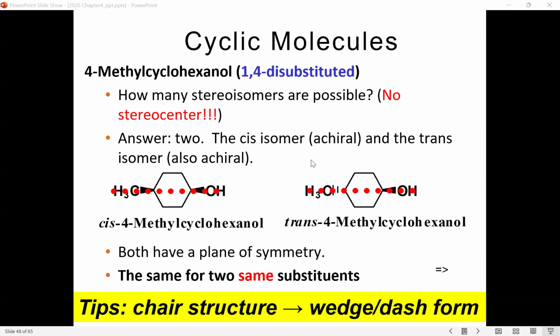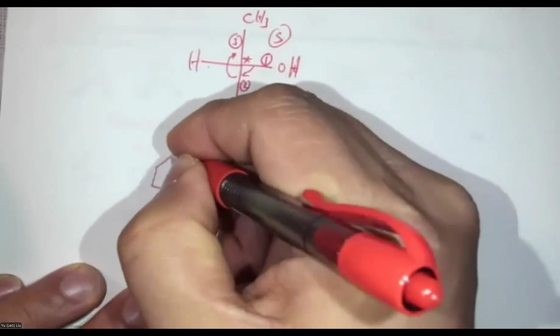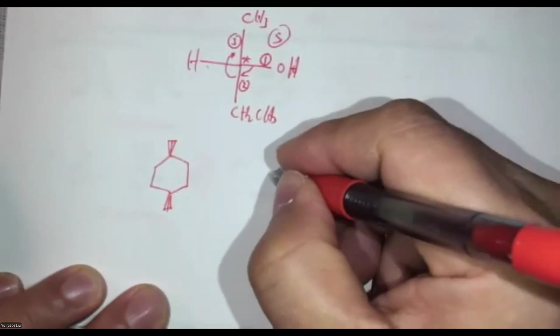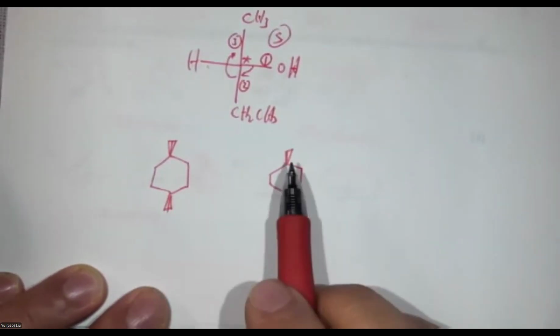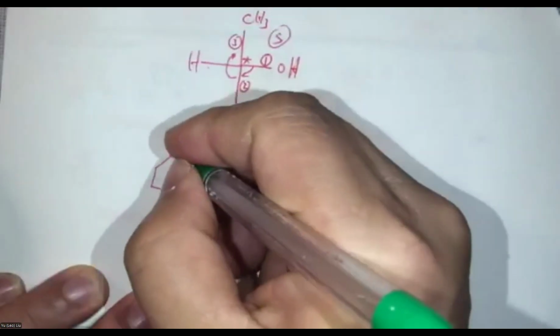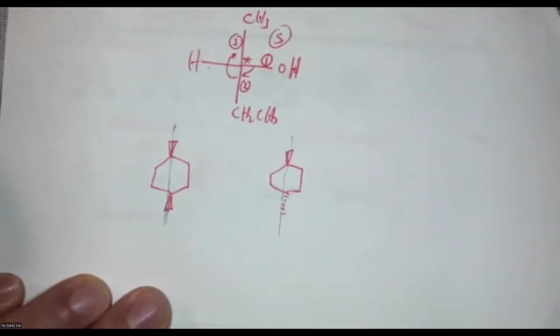And the same thing for two same attachments, for example dimethyl. One is cis, one is trans, so both are achiral, because if you draw it, you can clearly draw a plane of symmetry.